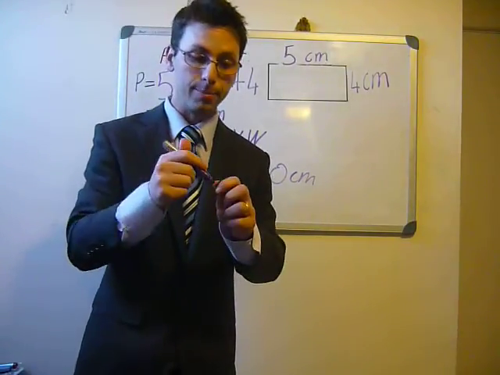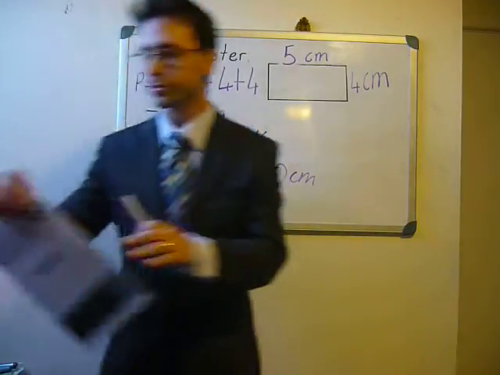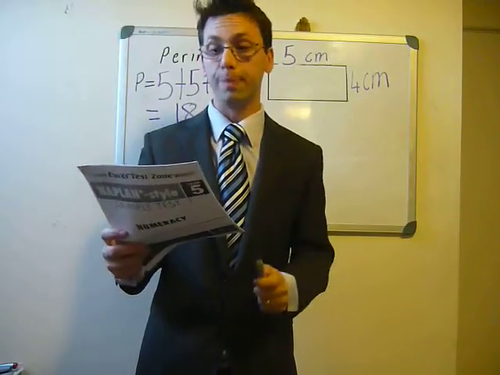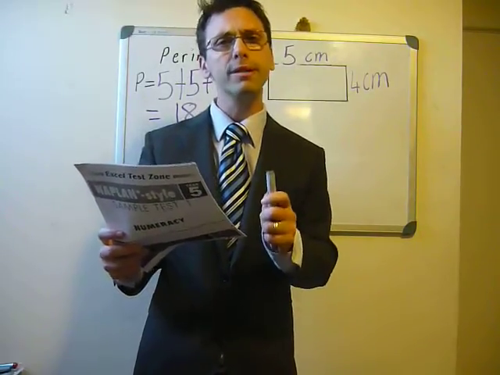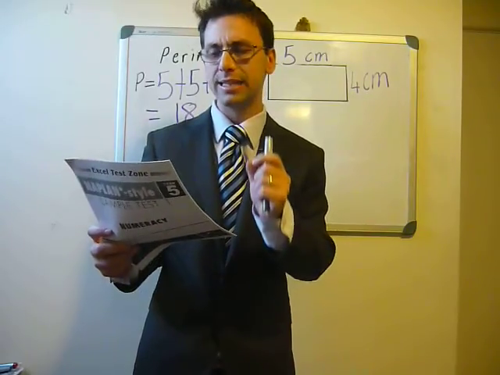Now comes the fun part. Let's look at a past paper. A rectangle is drawn on grid paper. The perimeter of the rectangle is 18 centimeters.